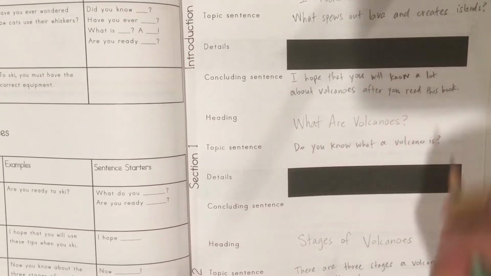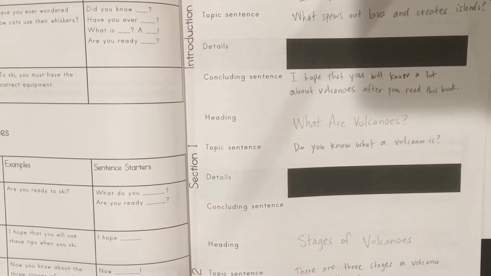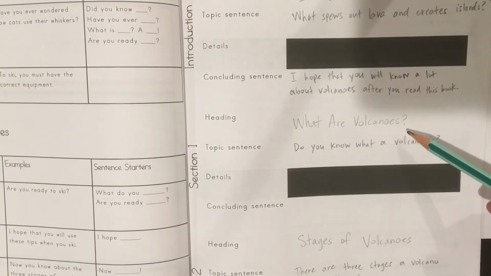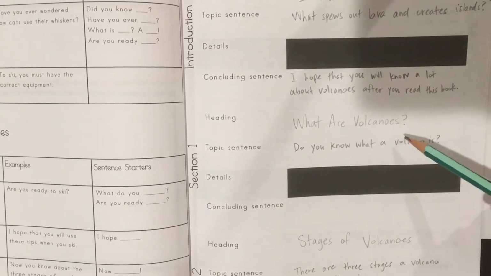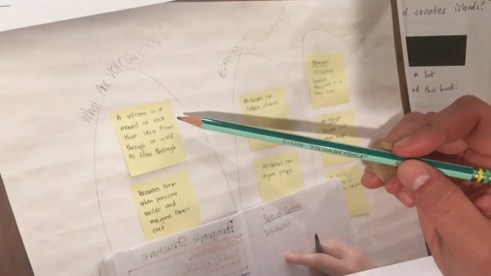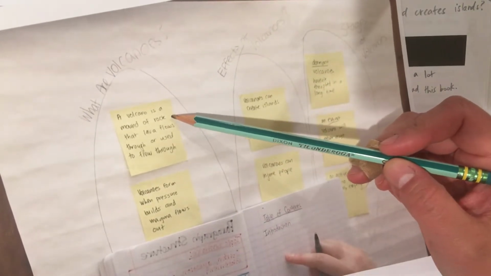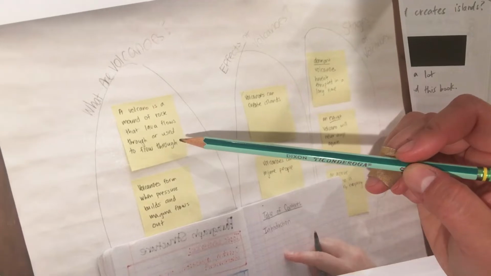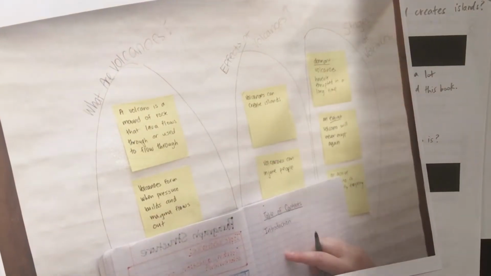Okay, for my next section, I see what are volcanoes. Now, when I look at my notes, what do we have here? A volcano is a mound of rock that lava flows through or used to flow through.